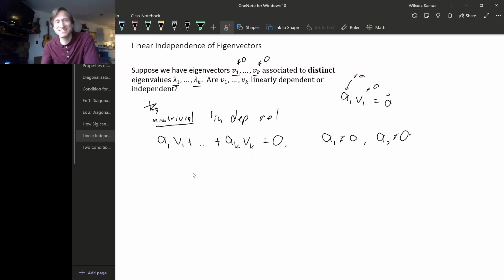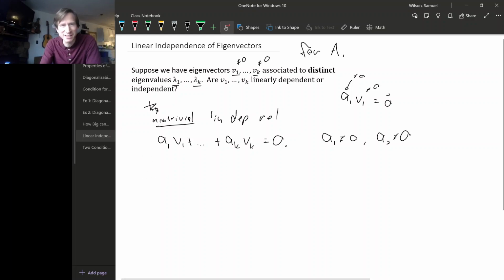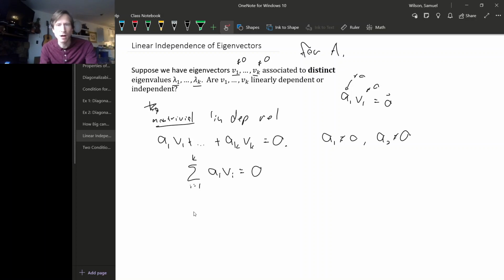And to get that fact into the game, we could multiply both sides of this on the left with A. I should say these are eigenvectors and eigenvalues for some matrix A. So let's multiply on the left by A. Before I do that, I'm going to be writing this a lot, so how I'm going to write this is the sum from i equals 1 to k of ai vi equals 0. So now let's multiply on the left by the matrix A.